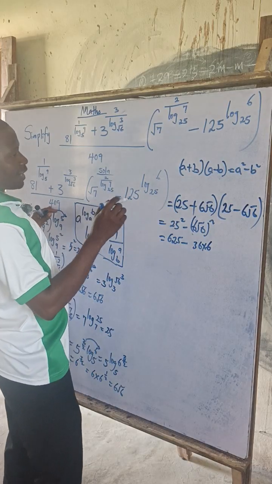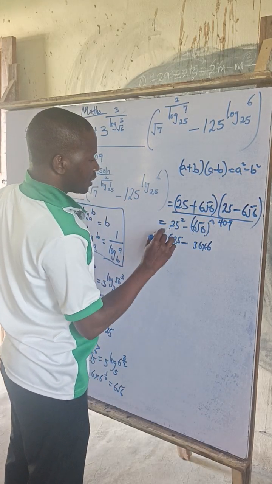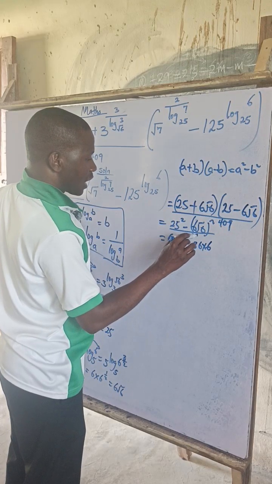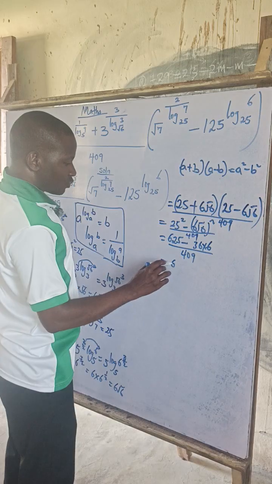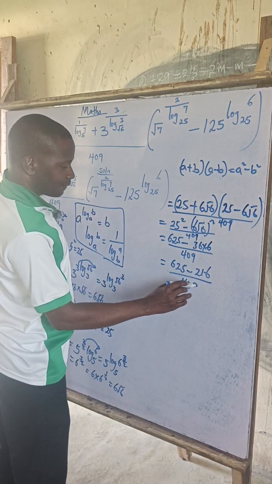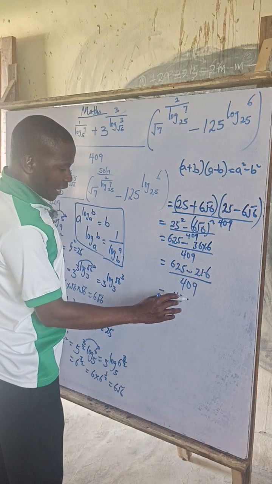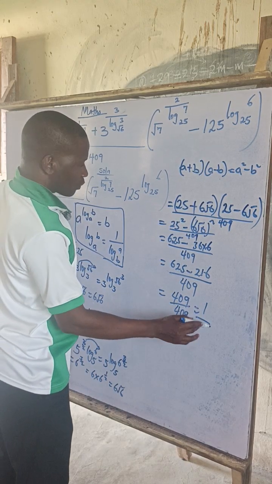Don't forget we are dividing by 409. So we have 625 minus 216 divided by 409, so we have 409 divided by 409, which equals 1.